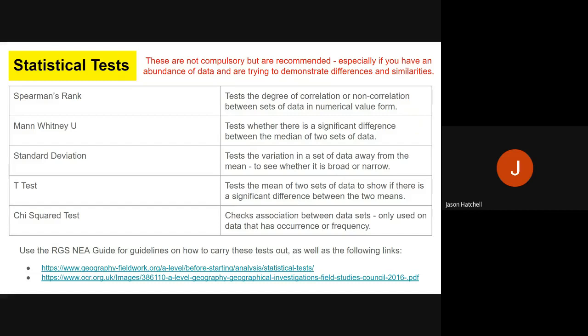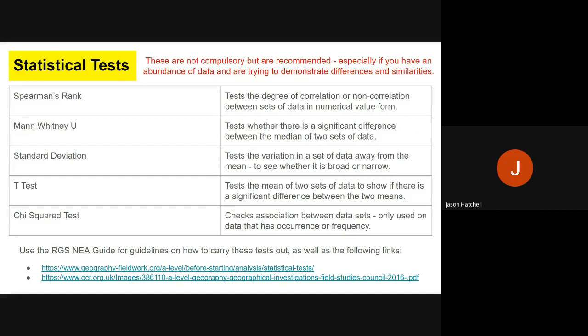Now, Spearman's rank is used to test the correlation or non-correlation between sets of numerical data. Mann-Whitney U tests the significance of the difference between the median of 2 sets of data. Standard deviation tests the variation in a set of data away from the mean. And that shows whether the spread of data is wide-ranging and broad or narrow-ranging.